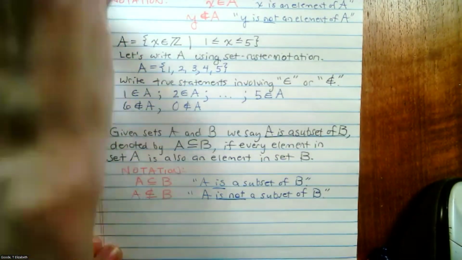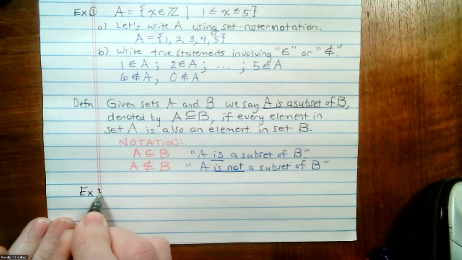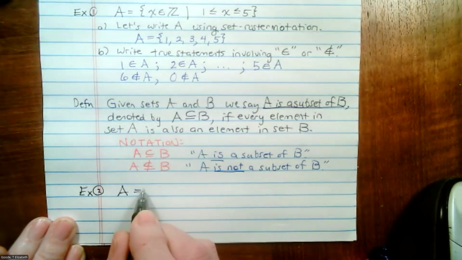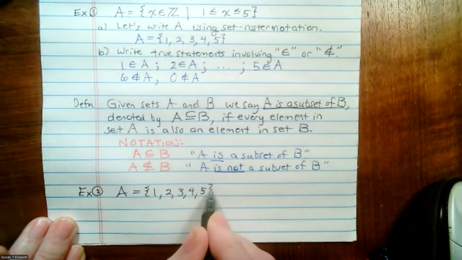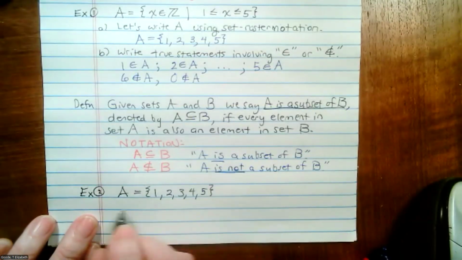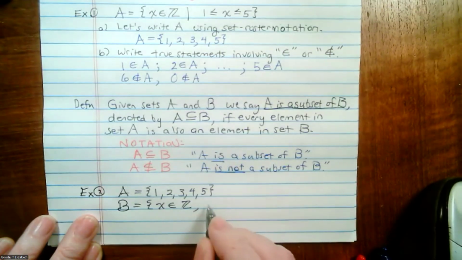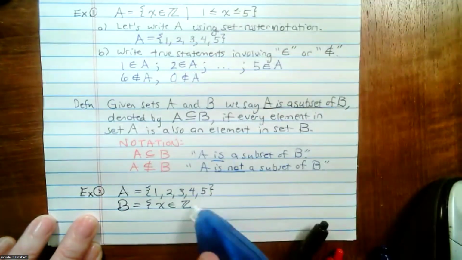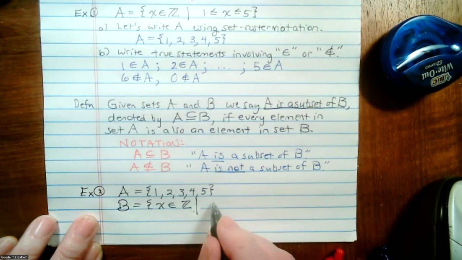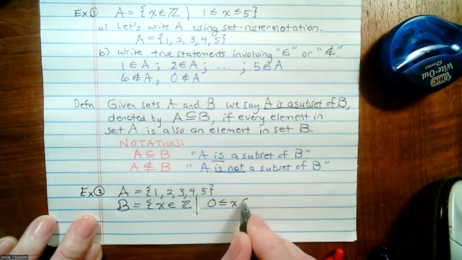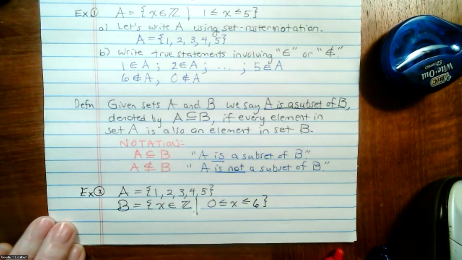All right, so we'll look at an example. If we use the same A that we used before, and maybe we can let B be the set of x in Z such that 0 is less than or equal to x is less than or equal to, say, 6, right?